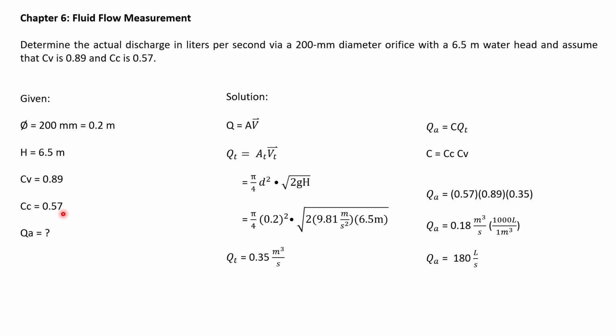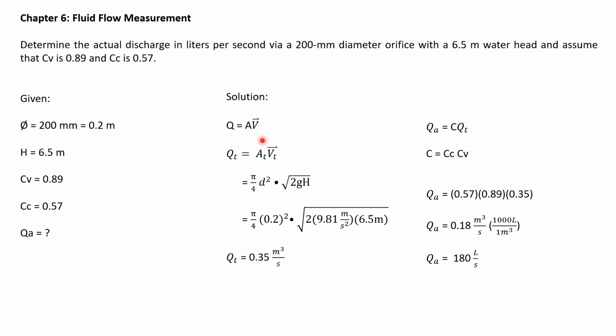So let's proceed to our solution. Our main formula is Q is equal to area times the velocity. We all know that we don't know the theoretical velocity in this problem, so let's find first the theoretical velocity.